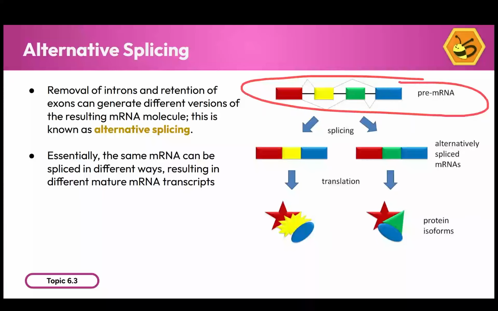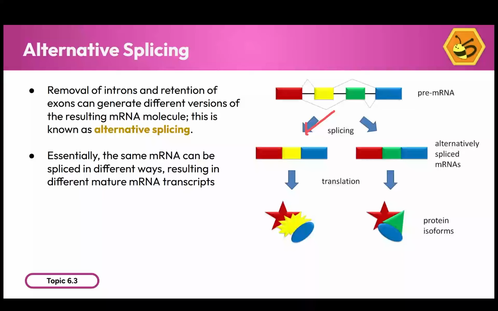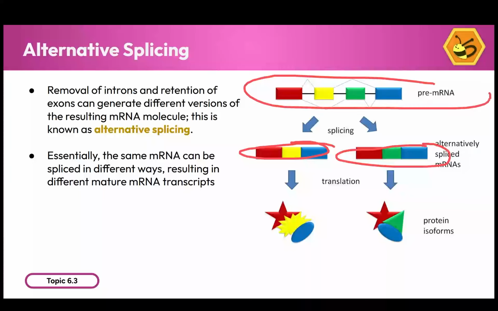So here's what alternative splicing is. Let's say this is the pre-mRNA, which is just a term for the mRNA molecule before it gets spliced. As you can see, there are two different paths this can take. It can either take out the green one or the yellow one. Essentially, two different mRNA molecules can be made from a single pre-mRNA molecule. This diagram illustrates it perfectly: this one is missing the green one, this one is missing the yellow one.